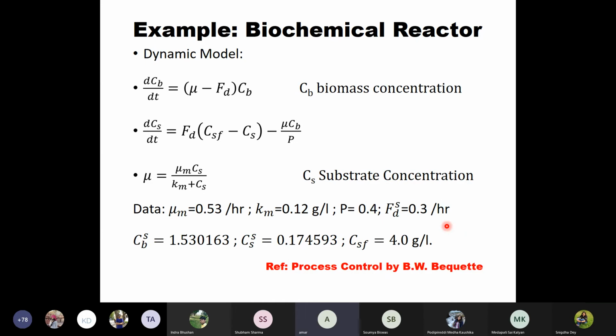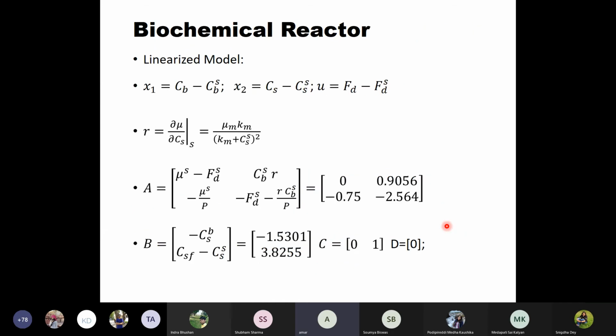Now for this dynamic model, if I linearize it, where x1 is Cb minus Cbs, x2 is Cs minus Css, and u is equal to Ft minus Fts, then I can have the A, the B, the C and D. Okay.